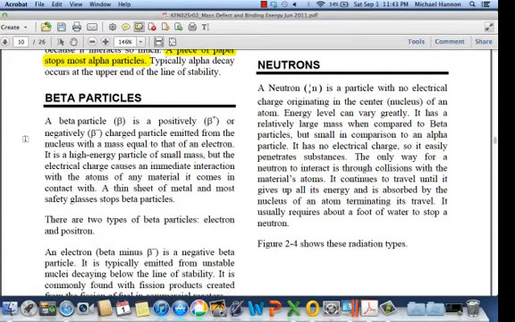Let's talk about the beta particle. A beta particle is positively, now this is kind of strange, a positive or a negative charged particle, and we consider it an electron. It has the same mass as an electron. Now you think from your chemistry and physics that all electrons have a negative charge, and that's correct.